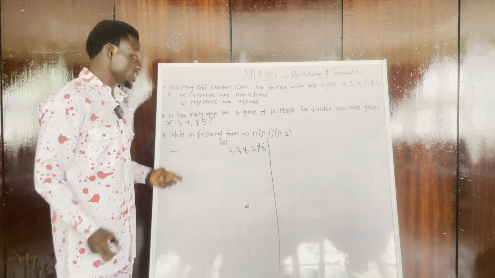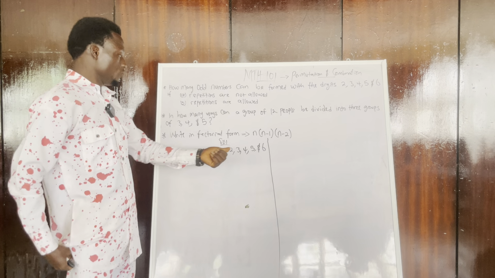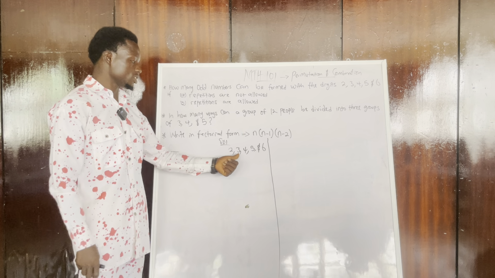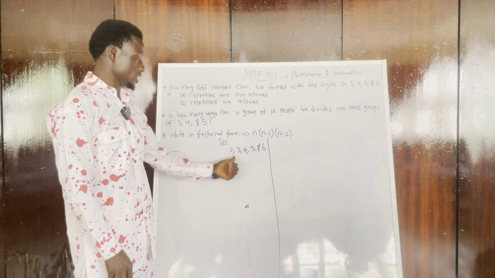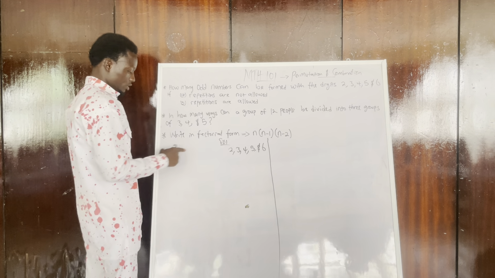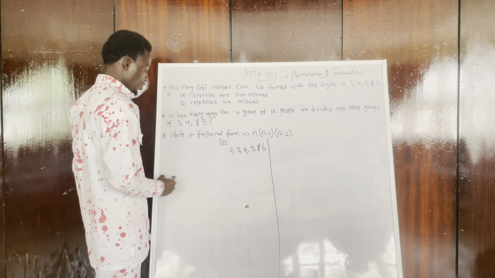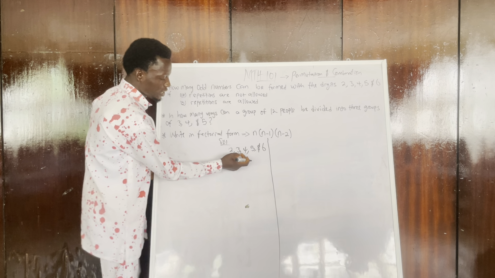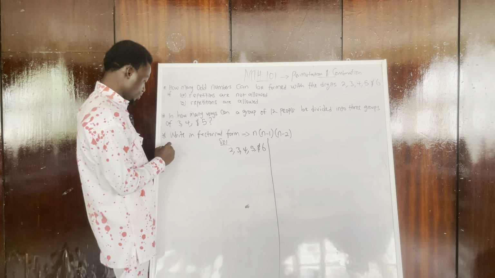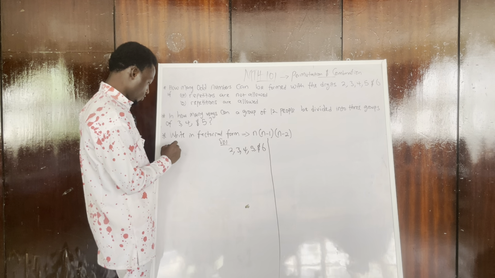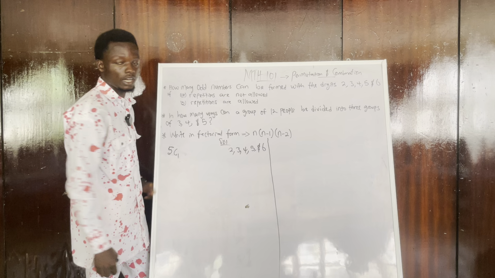Now, if I have to deal with 1 digit odd, there is no problem. The only 1 digit odd numbers we have in these choices are 3 and 5. So for the 1 digit odd, we have, because we are picking 3 among 5 choices, 5 combination 1.